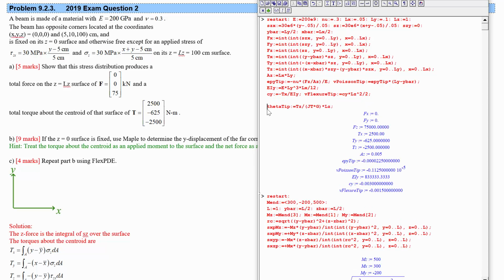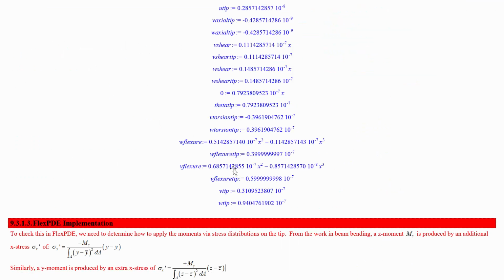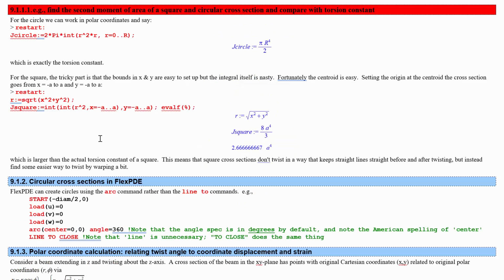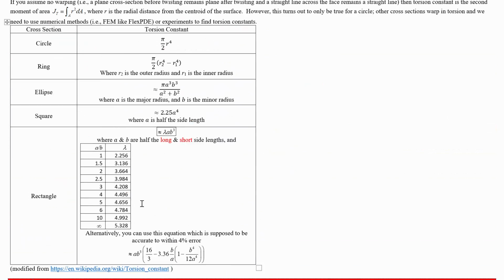So we're going to need to put in what JT is. And this is something we actually didn't do in the notes, which is work out for a rectangular cross-section what the torsion constant was. So let's go back to our notes. Up near the top, we had this table of torsion constants, and let's make sure that we're using this correctly. A and B are half of the long and short side lengths.